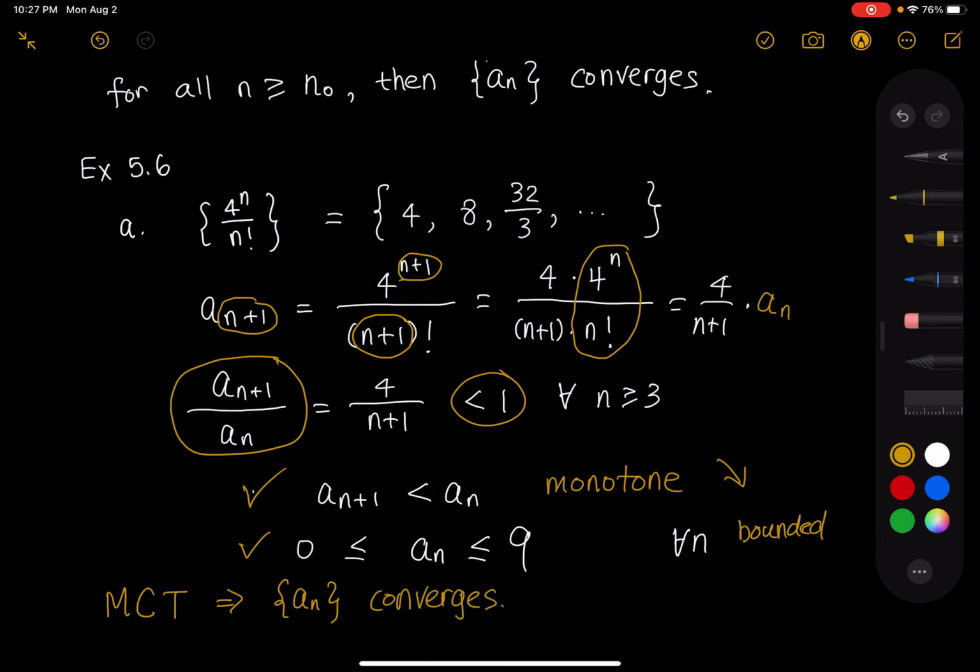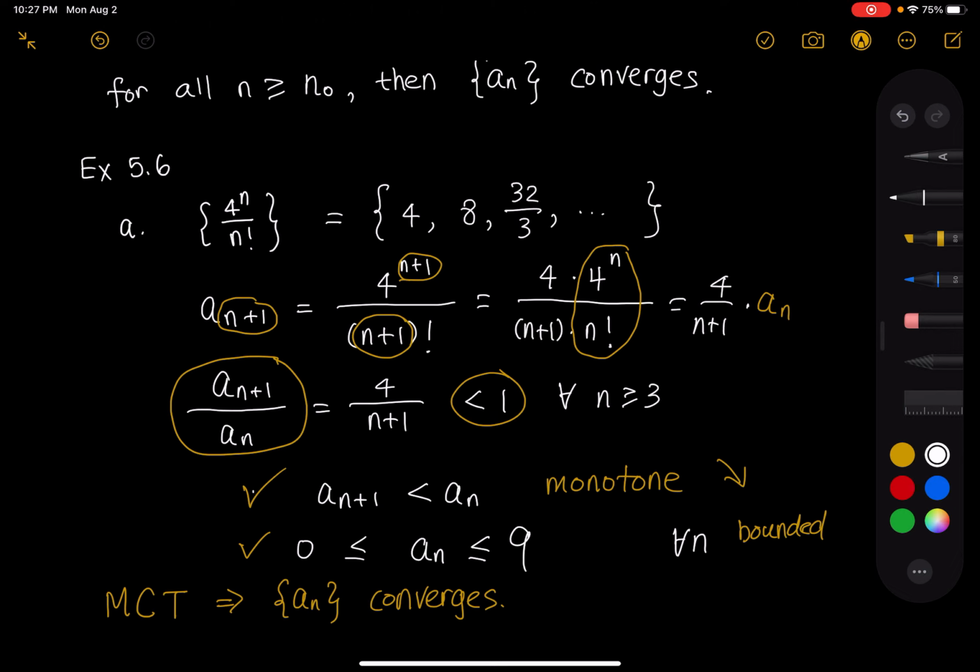Now we need to spend all our effort on finding the limit. The problem with finding the limit is you cannot use L'Hopital's rule, even if you have infinity over infinity. Why?